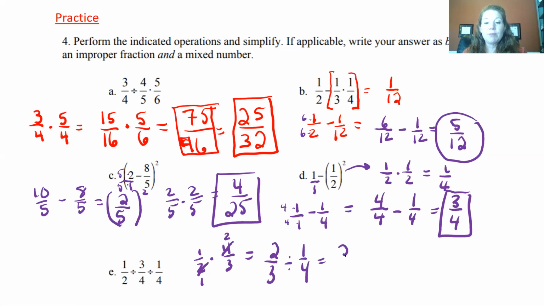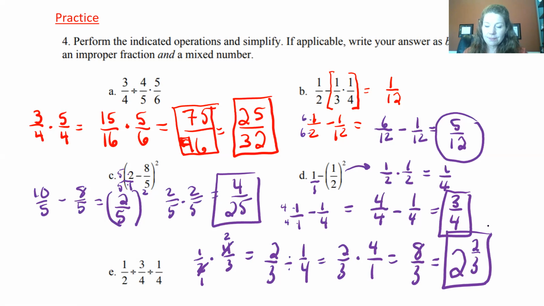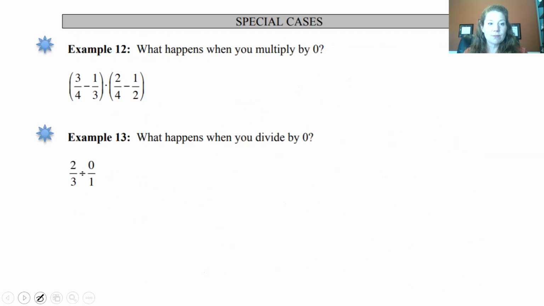So now we keep it, change it, flip it. Nothing simplifies, so 2 times 4 is 8, 3 times 1 is 3. 3 goes into 8 twice, 2 times 3 is 6, so our remainder is 2. So that is the answer. So hopefully you guys got all that right, I hope so.